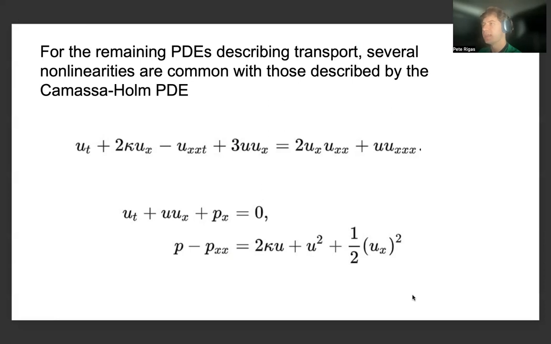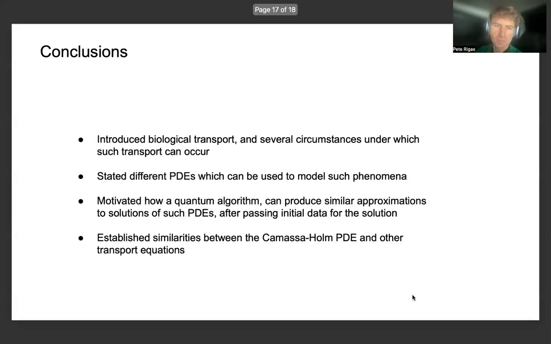So even though they're not exactly the same, many of the similar behaviors of the nonlinearities are apparent and present in this PDE for the remaining biological transport PDEs. And more information on all of the simulations and the cost function for the Camassa-Holm PDE is in that arXiv reference.